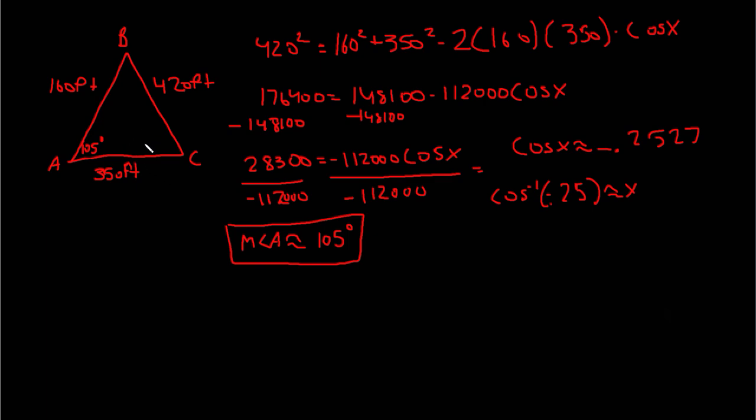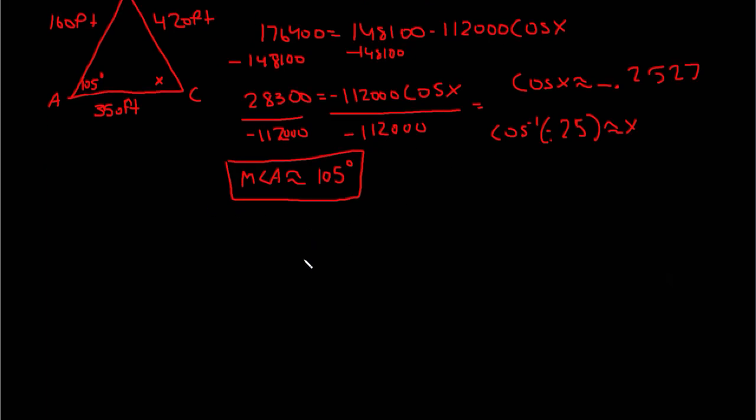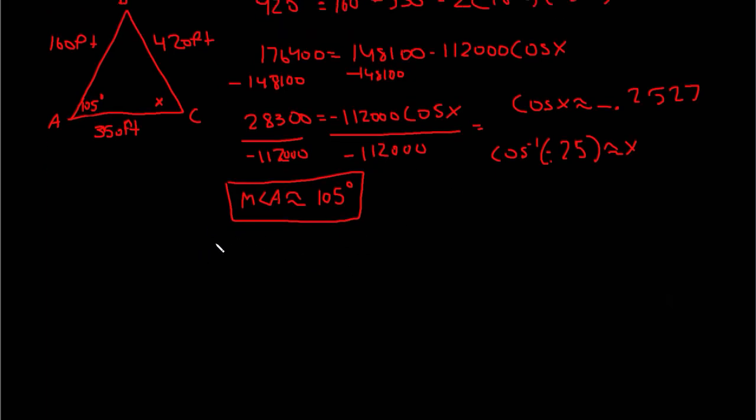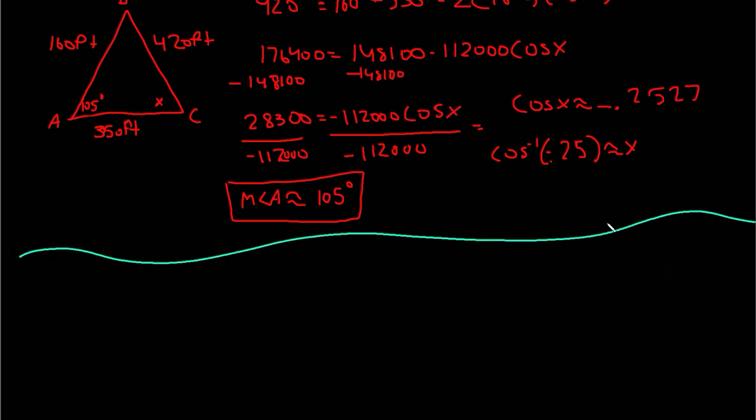All right, so now we're going to be finding the measure of angle C. This is going to be our x variable now. And we can use the law of sines to actually find this angle. Again, we're finding measure of angle C, and that's going to be our x variable.